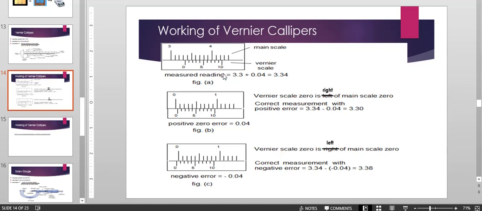Add these two readings, that is 3.3 plus 0.04, we'll get 3.34. And now from this reading, we will add or subtract the zero error accordingly in order to get the accurate reading.